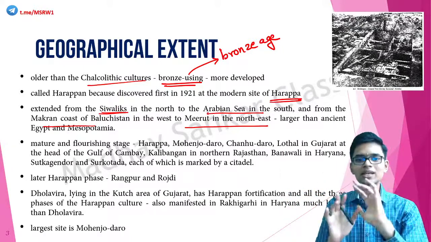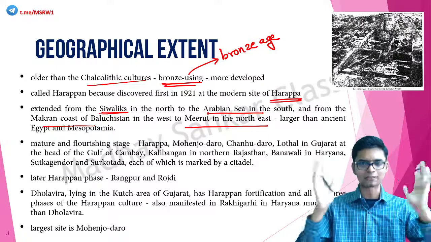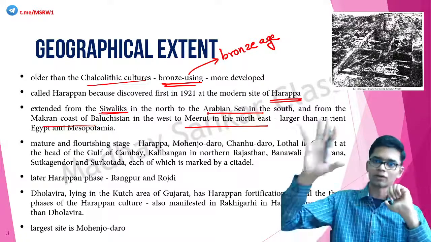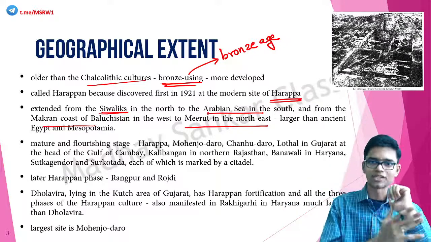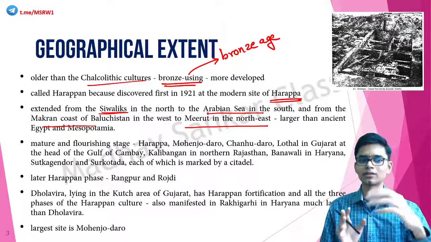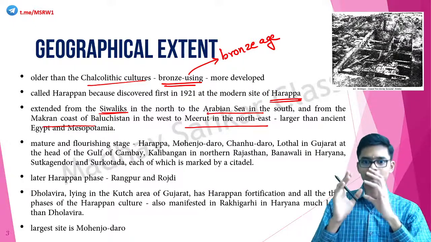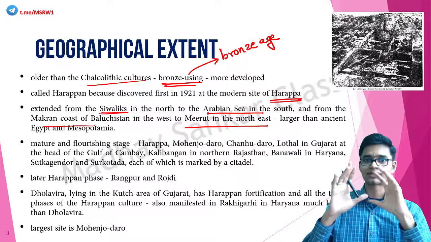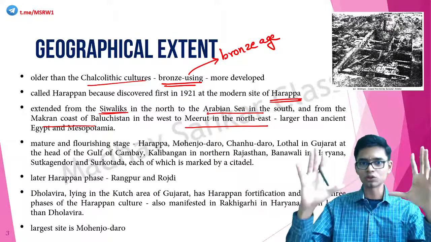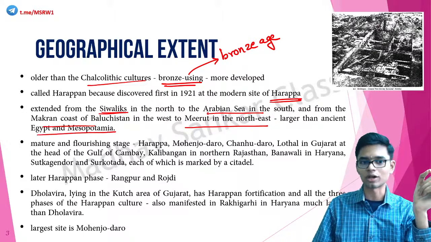So from this itself, we can understand that Harappan civilization or the Indus Valley civilization extended to the major part of North India, some part of West India, and also the modern day Pakistan. Otherwise, Balochistan won't be there. Also, this civilization had such a huge geographical extent that it was larger than Egypt and Mesopotamia.